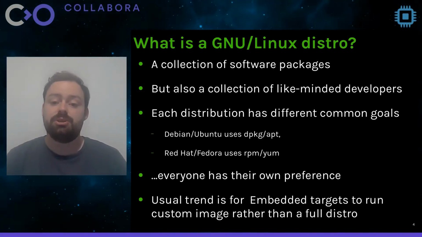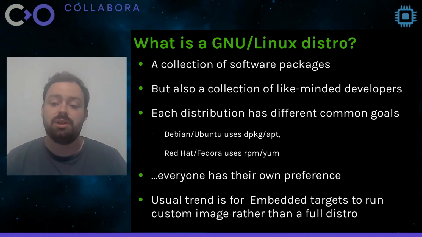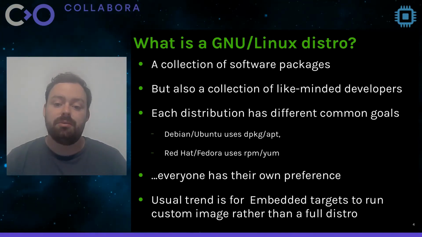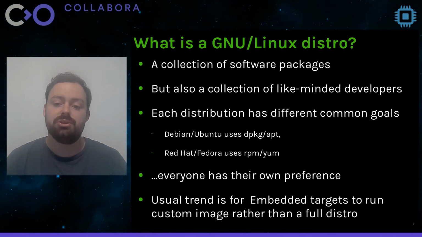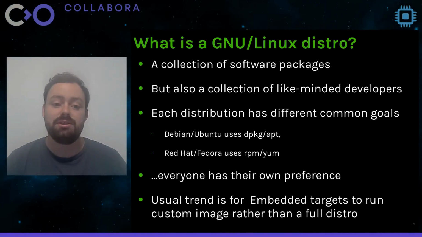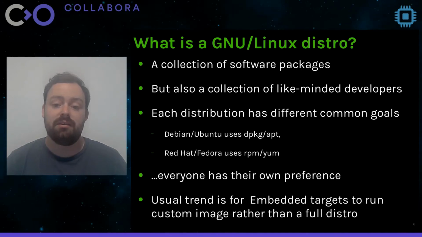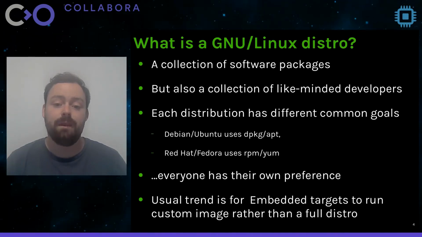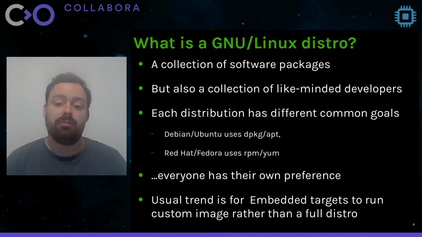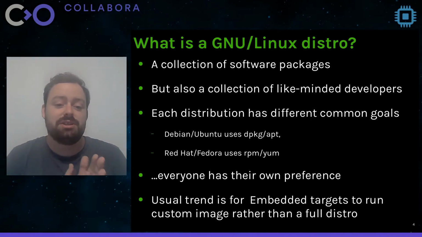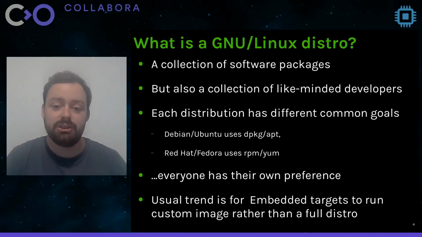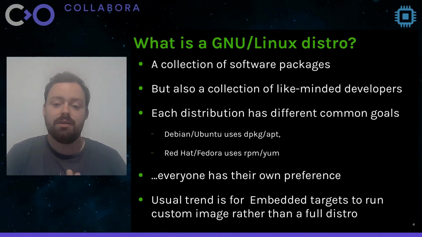Each one of the distributions has different goals. Debian is a distribution which uses apt for its package management, and dpkg. Red Hat uses RPM and Yum for their package management. So there are lots of choices and design decisions which each distribution makes, and everyone has their own preference.